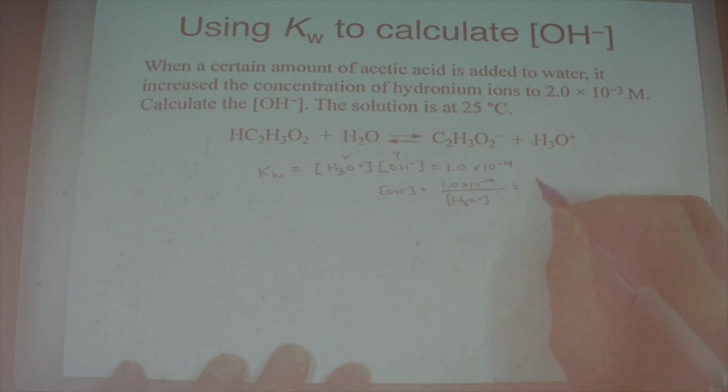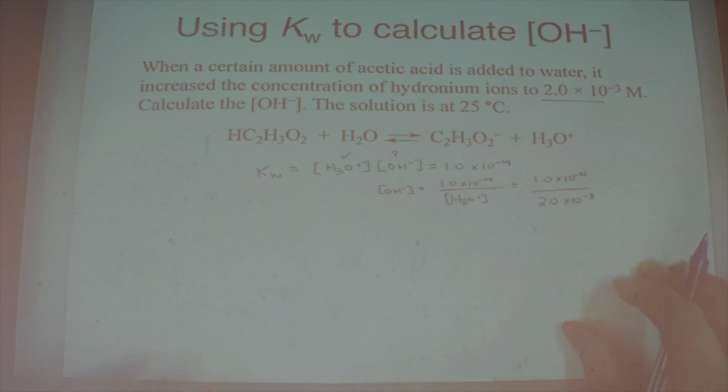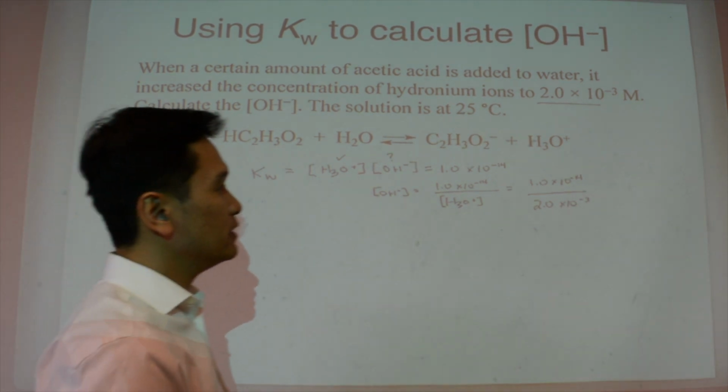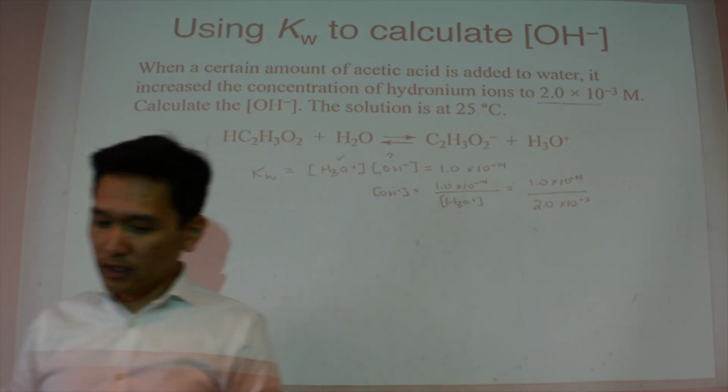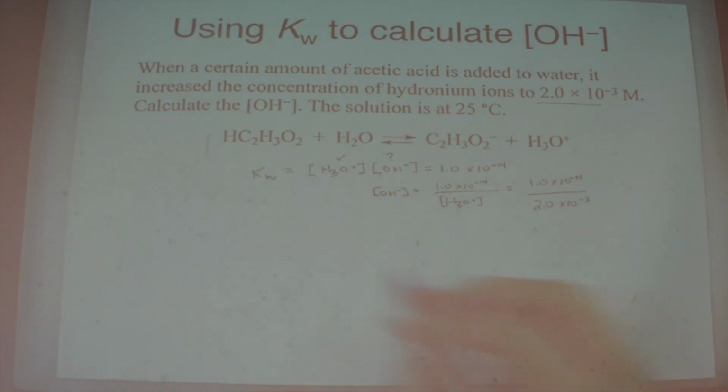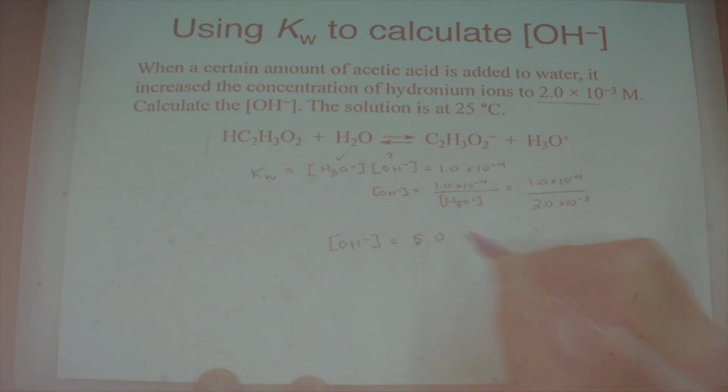Plugging that in, hydronium concentration, as stated here, is 2.0 times 10 to the negative 3. Try that on your calculator to make sure that you do get the correct answer. And the correct answer I got for hydroxide concentration is 5.0 times 10 to the negative 12. And since it's a concentration, just remember that it is molar.